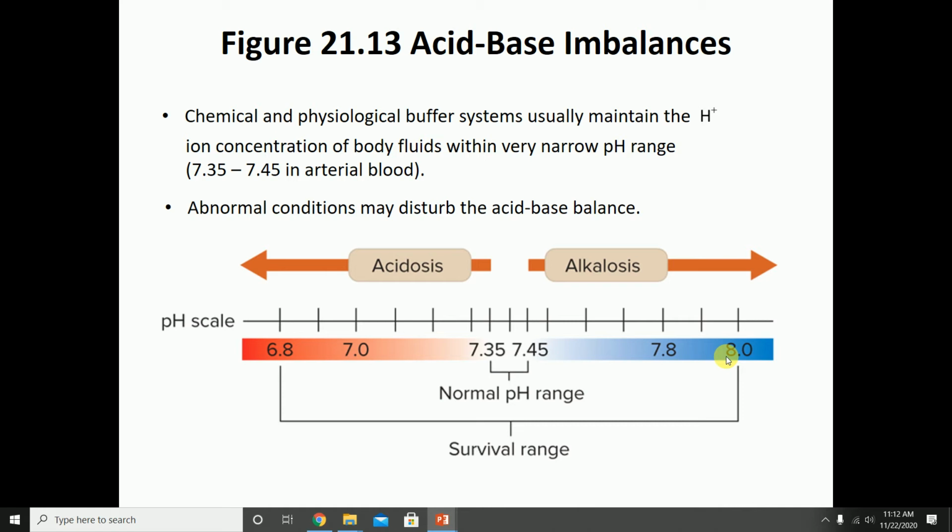Again, not a very wide window of survival range. So anything between 7.35 and 6.8 is considered acidosis, while an internal pH of 7.45 to 8.0 is considered alkalosis. And again, the body has to maintain a normal pH range in order to maintain normal body function.